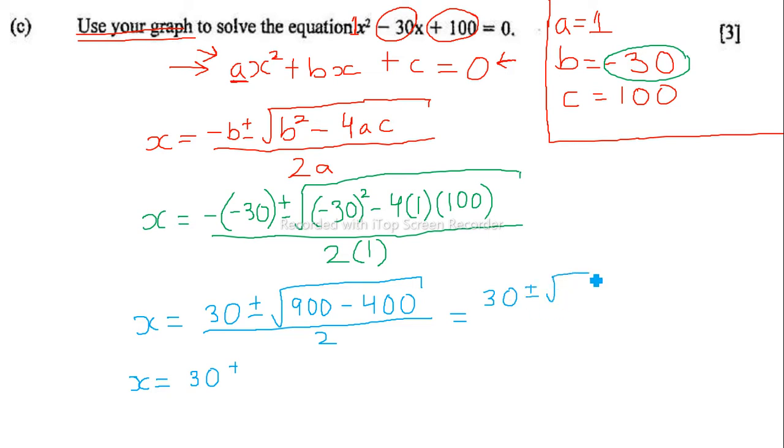What is 900 minus 400? 500. 500 divided by 2. That's going to be equal to, what is the square root of 500?